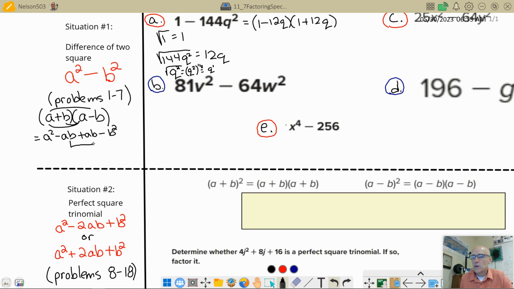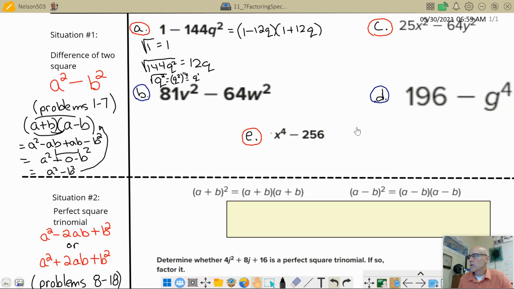So do you see the middle terms go to 0, and we have a squared minus b squared, right? So we're trying to go backward. We see that we've got this square here and this square here, and we're subtracting them. So that's how the difference of two squares works.